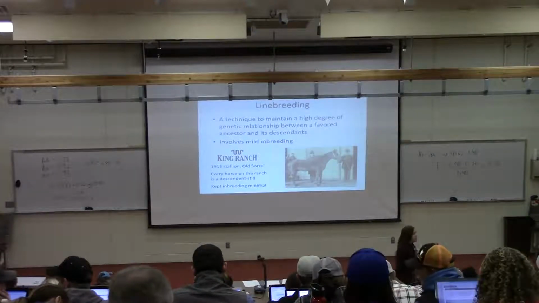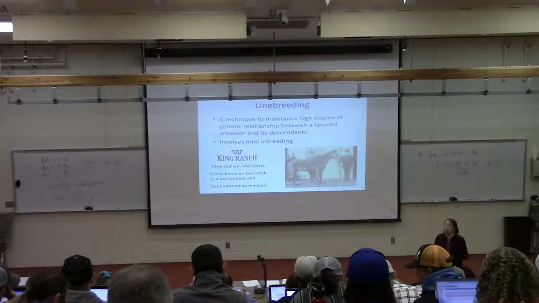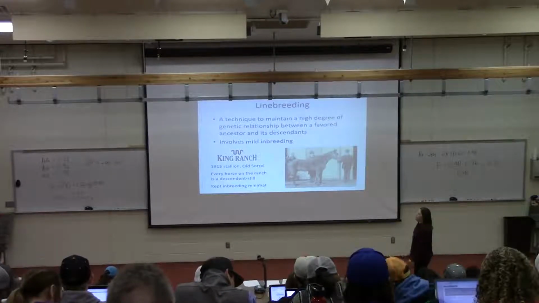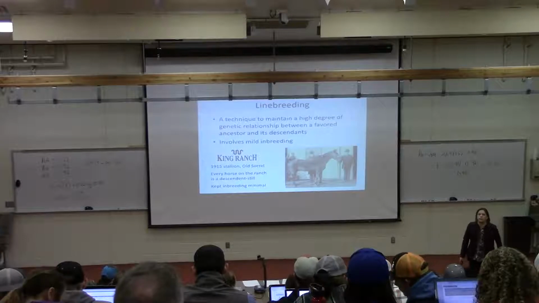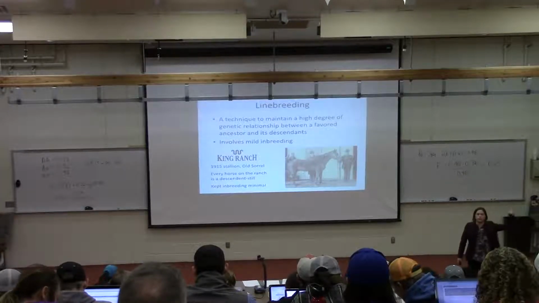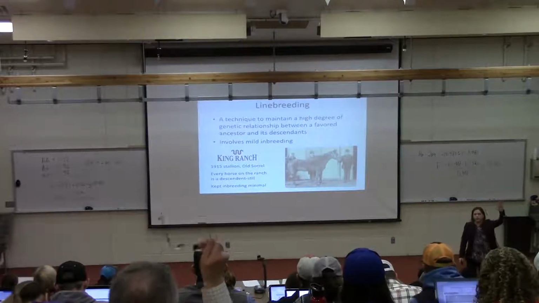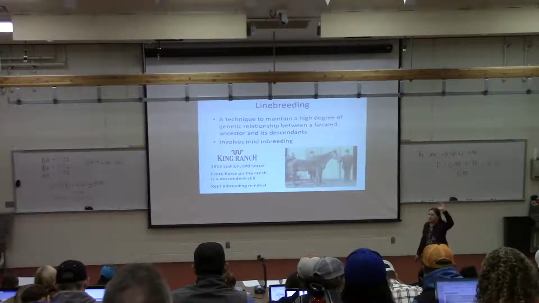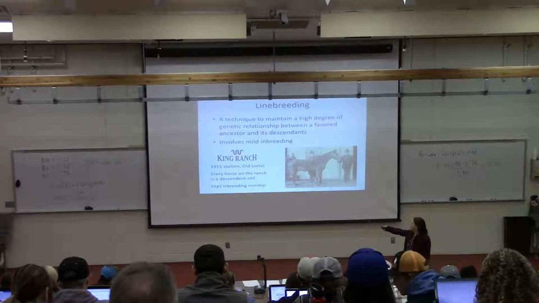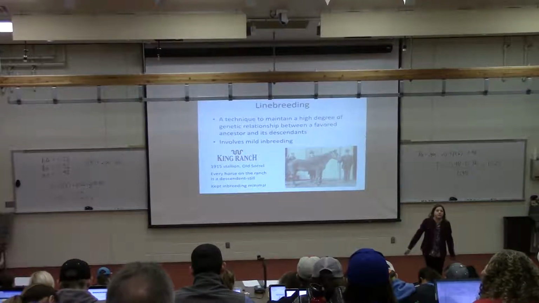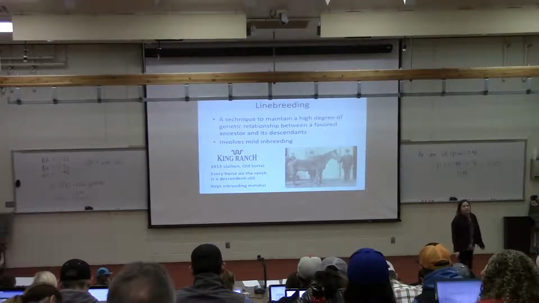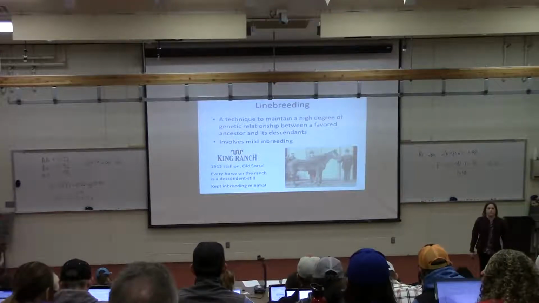And one of the really famous examples of this, especially in the horse industry, is what happened at the King Ranch. King Ranch in 1915, a stallion called Old Sorrel was foaled. Who's heard of Old Sorrel? My very first horse had him on her papers. So every horse, and this is still true today, so that was 103 years ago, every horse on their ranch today has Old Sorrel in its pedigree.